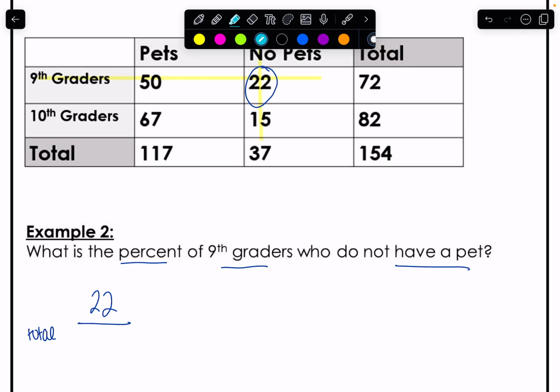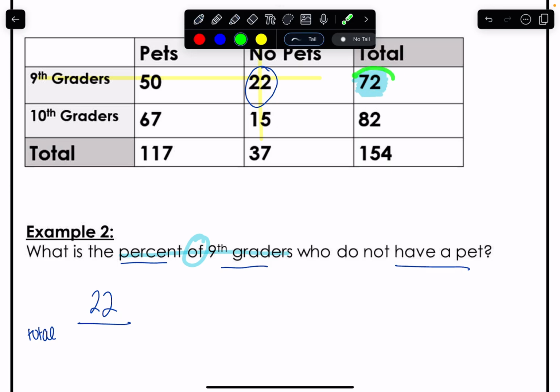Well, it's how the question is asked. It's asking what percent of 9th graders. If it asks what percent of people who do not have a pet are in 9th grade, that would be a different question. It's asking what percent of 9th graders, okay? So that means I need to look at my 9th grade total. It's asking me what percent of 9th graders.